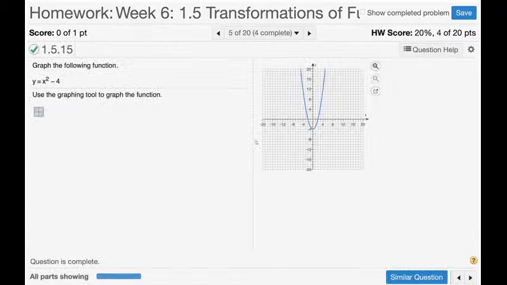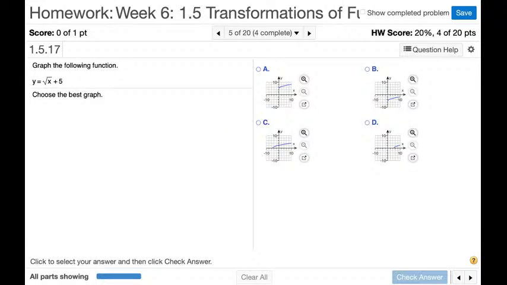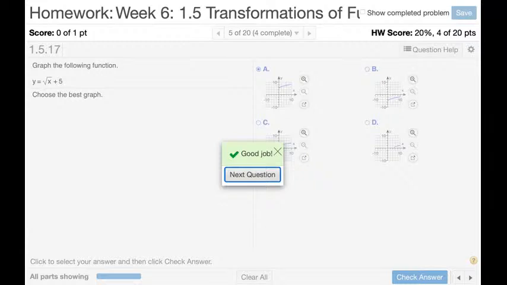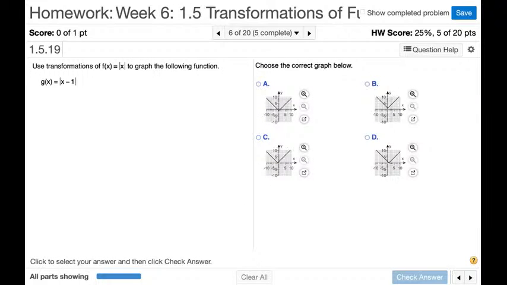This is a square root function that moved up by 5. I think it's A. A is the only one that does that. Absolute value, instead of going to the left, it goes to the right by 1. So the vertex right here, this one is the only one that did that.